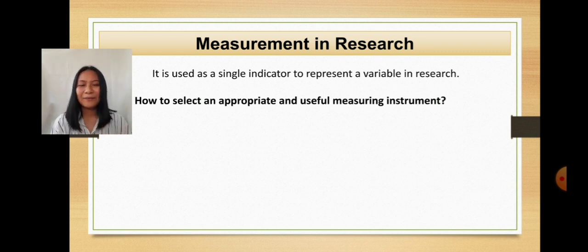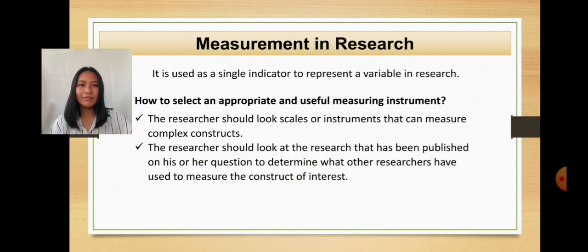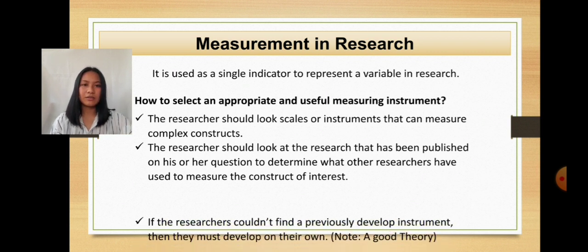Paano nga ba? Meron nga bang guide kung paano? Let's see. The researcher should look for scales or instruments that can measure complex constructs. Tama nga naman. The researcher should look at the research that has been published on his or her question to determine what other researchers have used to measure the construct of interest.